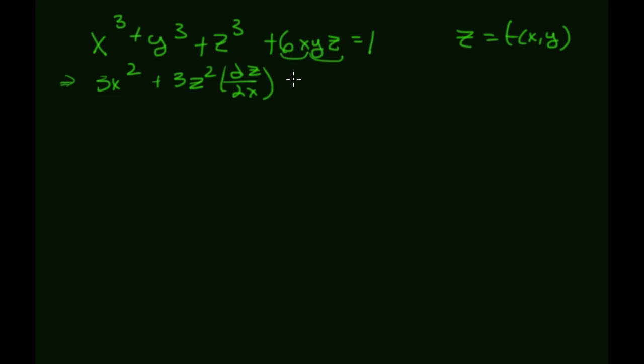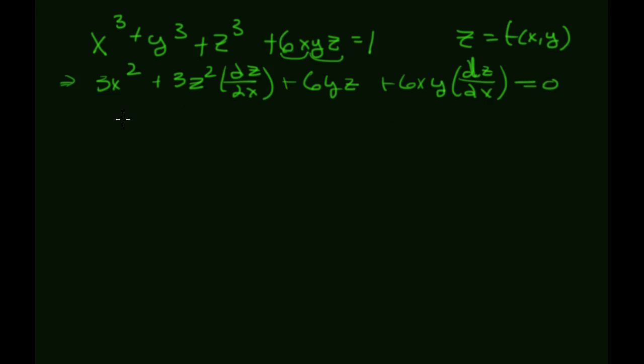So the derivative of the first times the second is 6yz, and then the first times the derivative of the second is going to give me 6xy partial z over partial x, right? And then the derivative of 1 just comes out as 0.